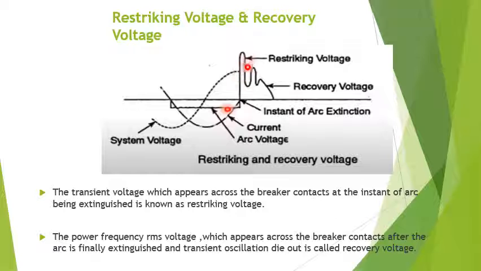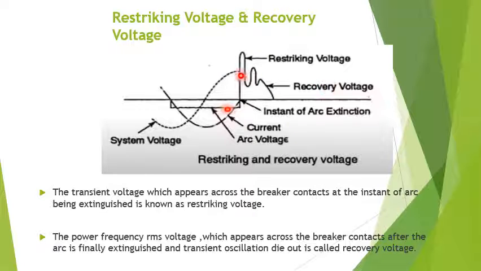Once the transient voltage dies out after the arc is quenched, whatever voltage appears across the circuit breaker is called the recovery voltage.